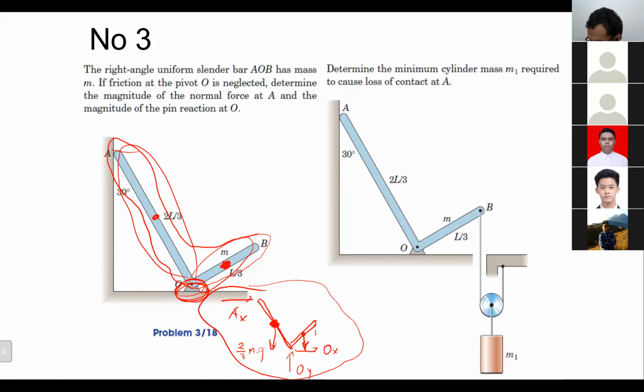And this one is 1/3 m multiplied by gravity, right? Yes. So later, because all the dimensions are complete and the angle there is complete as well, this one is 30 degrees, you will be able to find out the AX, OX, OY using this, right?